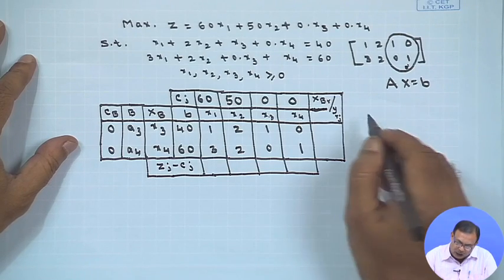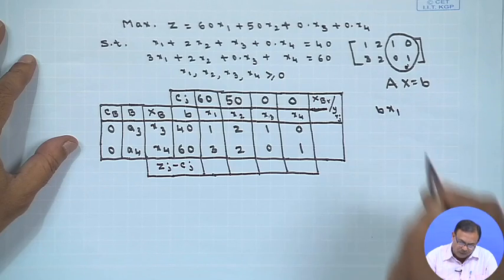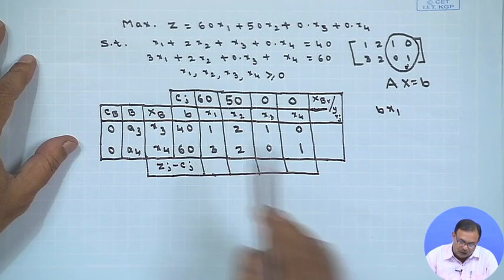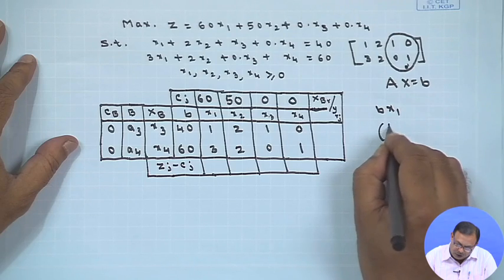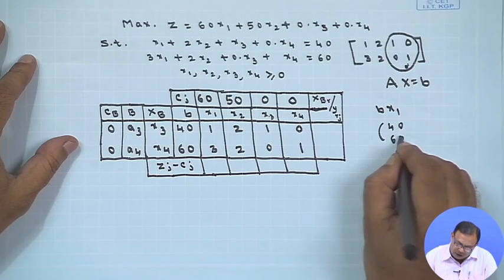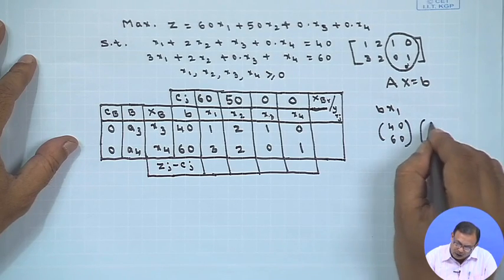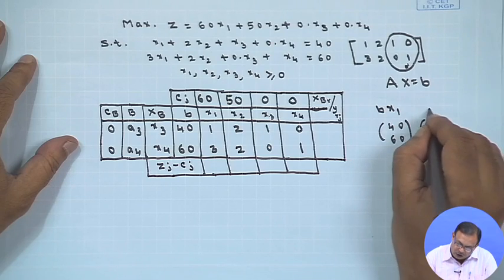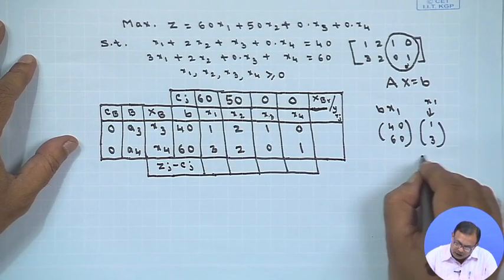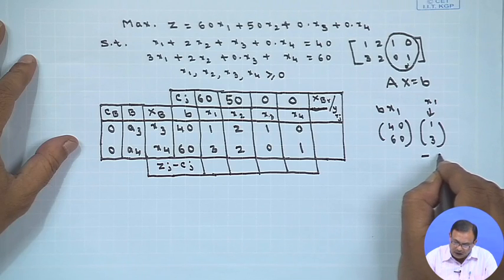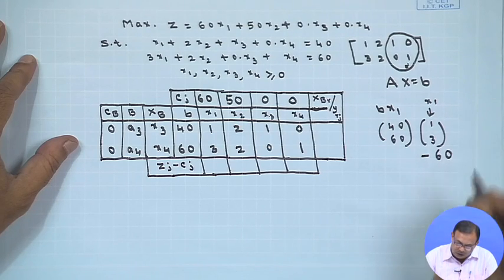B into x1, I am just writing for this one, B into x1 plus B into, or in other sense if I have to write down 40 60 into 1 3, this corresponds to x1 minus Cj, that is C1, here C1 is 60. So, this one.